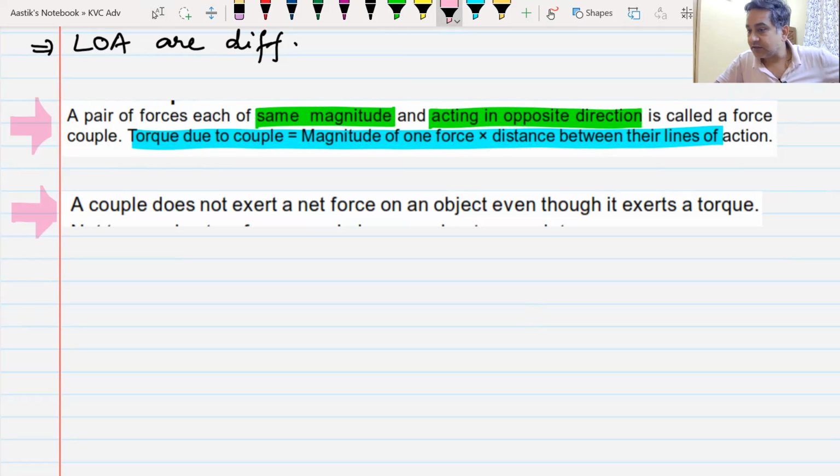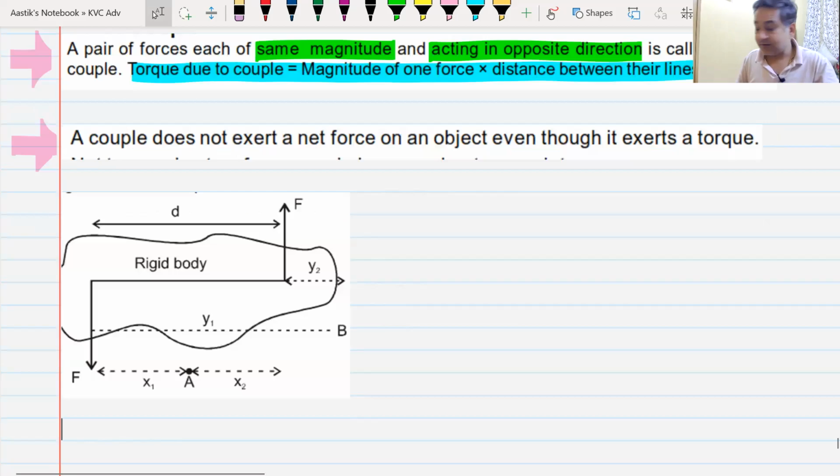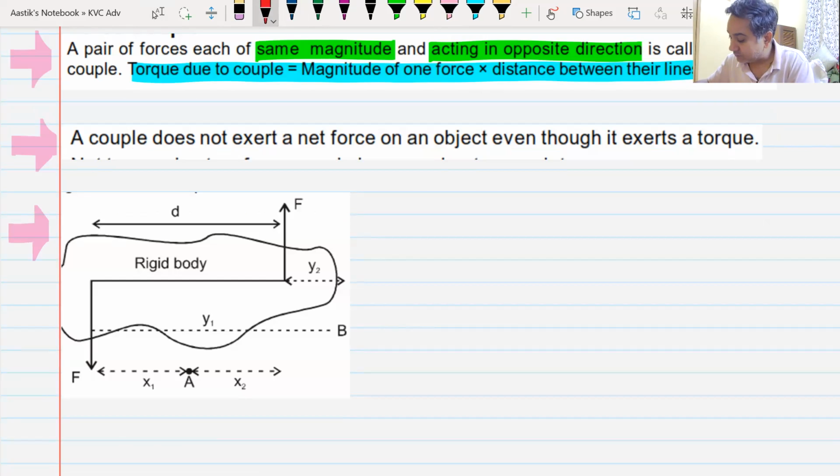And how much is the torque exerted by a force couple? If I give you an example of a rigid body, we might encounter this force couple in some cases. If we have a rigid body and these are the two forces acting on it, what will be the net force on this rigid body?